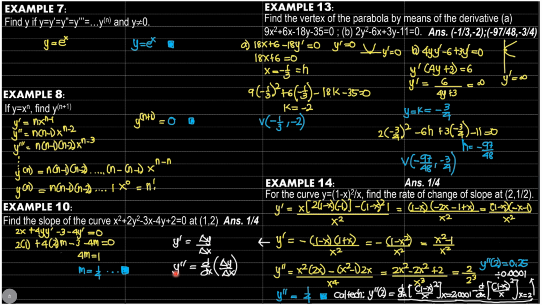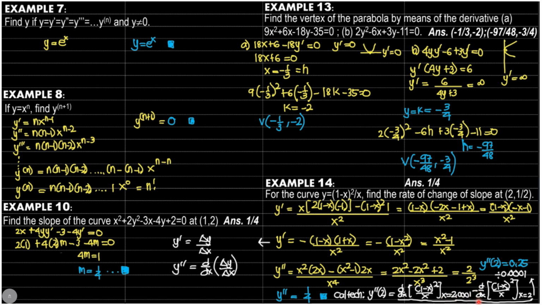And that gives us the first derivative using the calculator technique. For the second derivative, it is the derivative of delta y over delta x. So that means because your calculator can evaluate the derivative of a function, then we do that using this calculator technique. Y double prime at 2 is the derivative of the original function, which is this, quantity 1 minus x squared over x, evaluated at x equals 2.00001, which is close to 2.